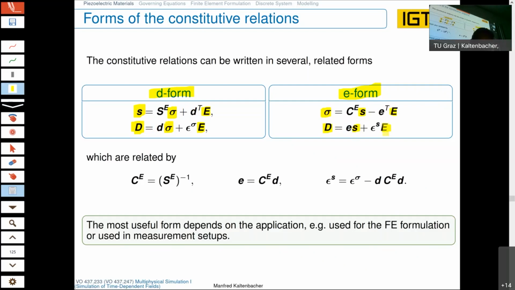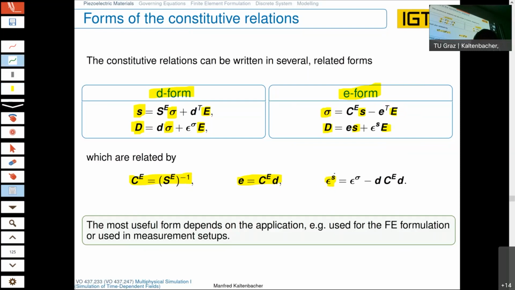And if you do this by hand, since we are just looking at algebraic vectors and matrices, you will see simply this relation between the compliance tensor and the stiffness tensor. We have the relation between the piezoelectric coupling tensor in E form and the piezoelectric coupling tensor in D form. And we have the permittivities at constant strain.